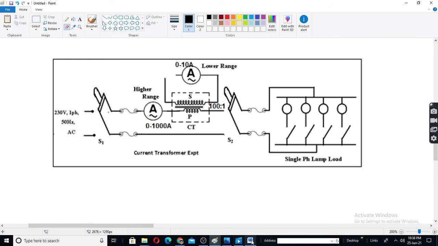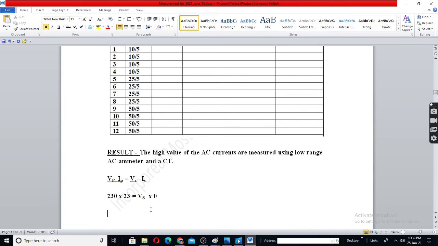Step by step you advance. So here now in the secondary circuit, let us see the voltage. VS will be approximately 230 into 23 by 0, which will be infinity, theoretically infinity, but practically it will be very high.